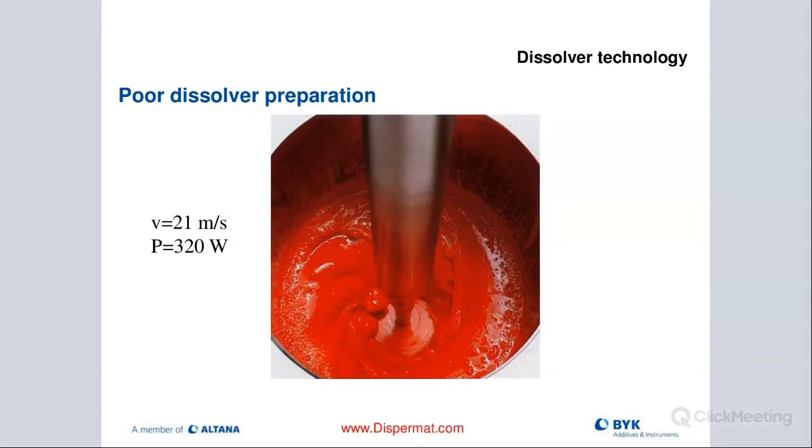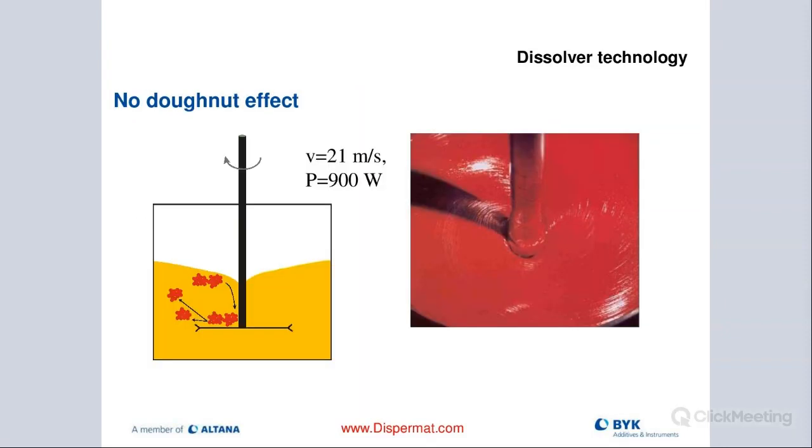In this next dissolver batch, we have the same tip speed, but only 320 watts of energy. So we're not putting in a lot of energy. It means our viscosity is kind of low. So in order to pump that up, we need to improve our viscosity, to put more energy into the mill base. That would also give us a better looking donut.